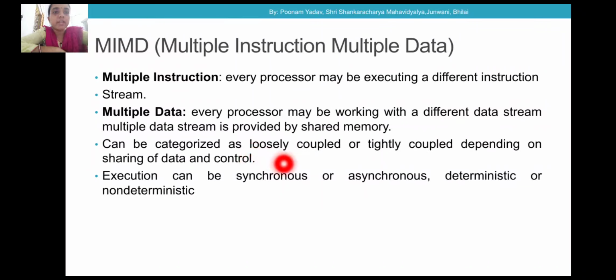It can be categorized as loosely coupled or tightly coupled. MIMD has these two categories, loosely coupled and tightly coupled, depending on how they share data and control. Execution can be synchronous or asynchronous, deterministic or non-deterministic.